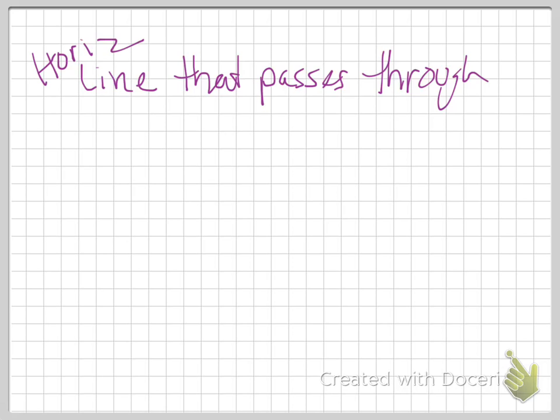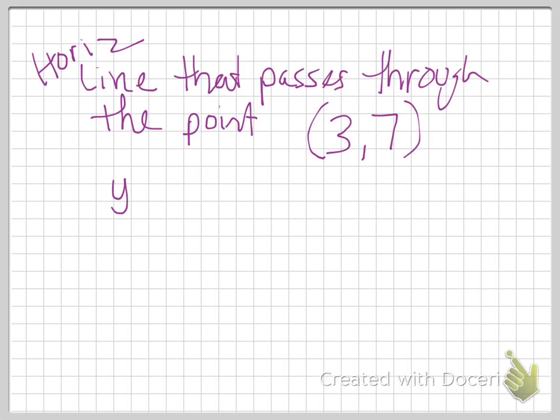Horizontal line that passes through the point 3, 7. So give me the equation of the line that passes through that point and is horizontal. Okay, so you should have said y equals 7.